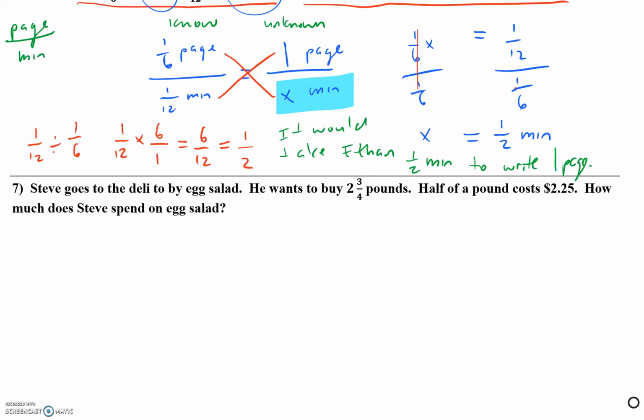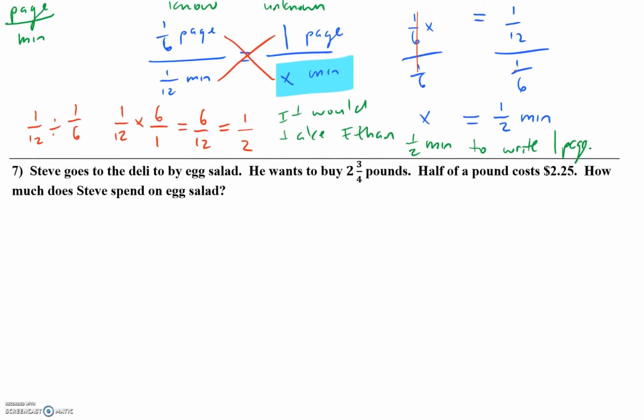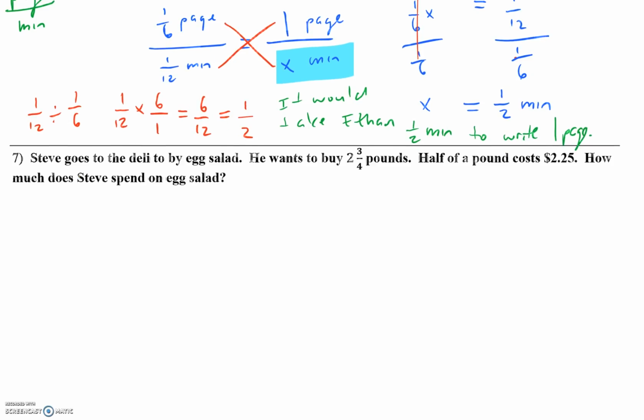All right. So let's compare this to the first question that we just did, number 6. The reason we did not change them into decimals is actually because 1/6 and 1/12 are both non-terminating decimals. So if we were to convert them into decimals, we would basically be multiplying numbers that never end. So it's better to leave them as fractions.